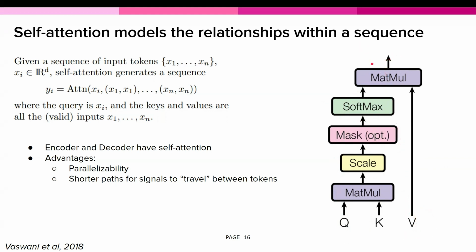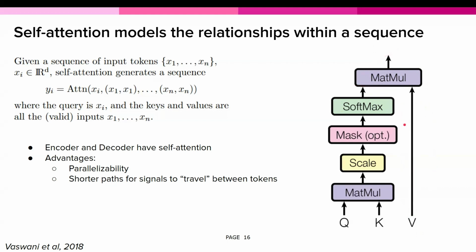The output of this generates each token's context-aware representation by taking a weighted sum of the value vectors. So we've got our value vectors here, and then we compute a weighted sum of those to give the context-aware representation for every single token in our input sequence at the output.